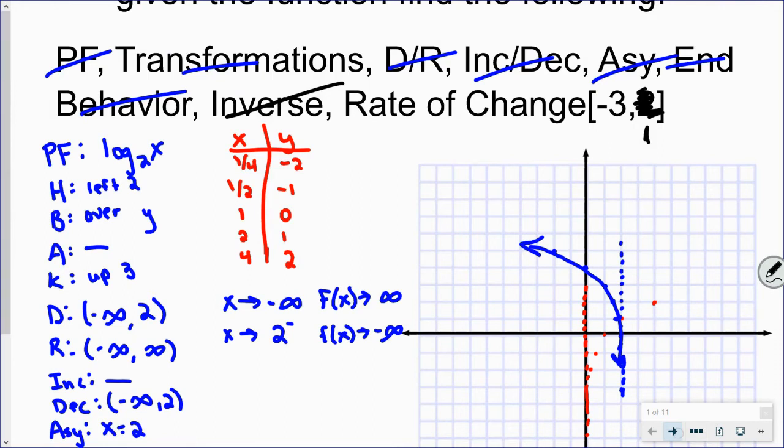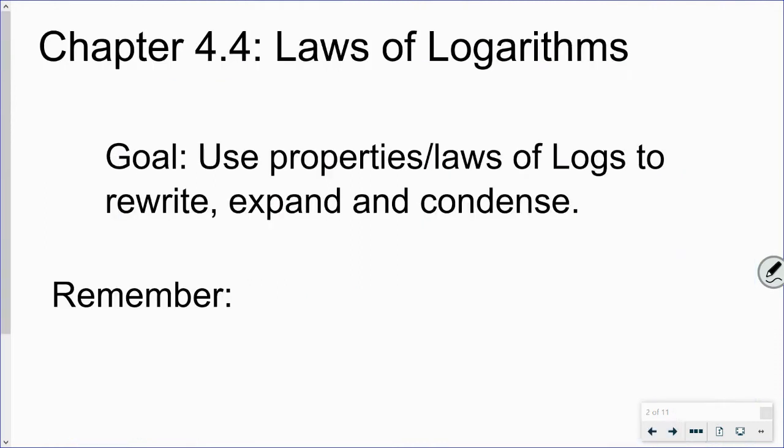All right, so into chapter 4.4, we're talking about laws of logarithms. Our goal here is to use properties and laws of logs to rewrite, expand, and condense. We did already have some properties or laws of logarithms and exponentials, but we're going to cover some more.